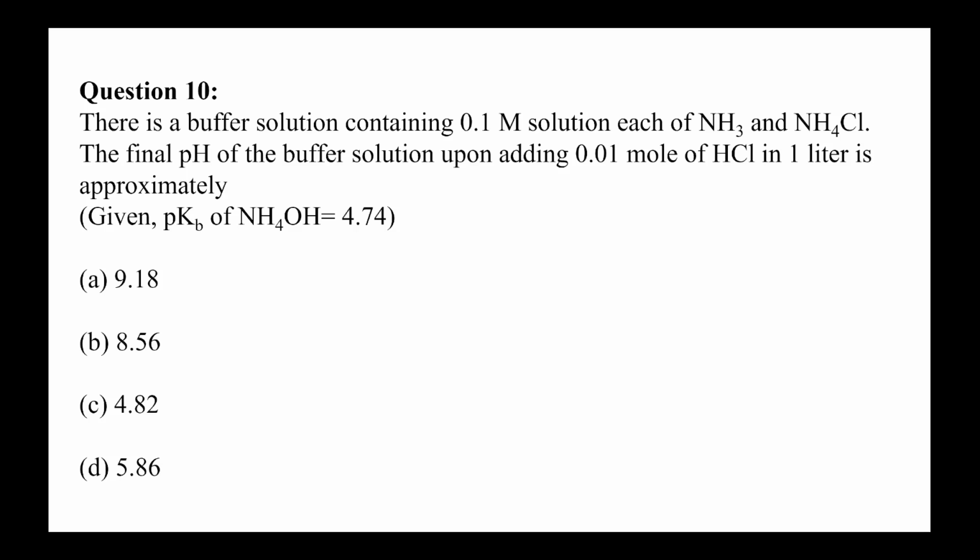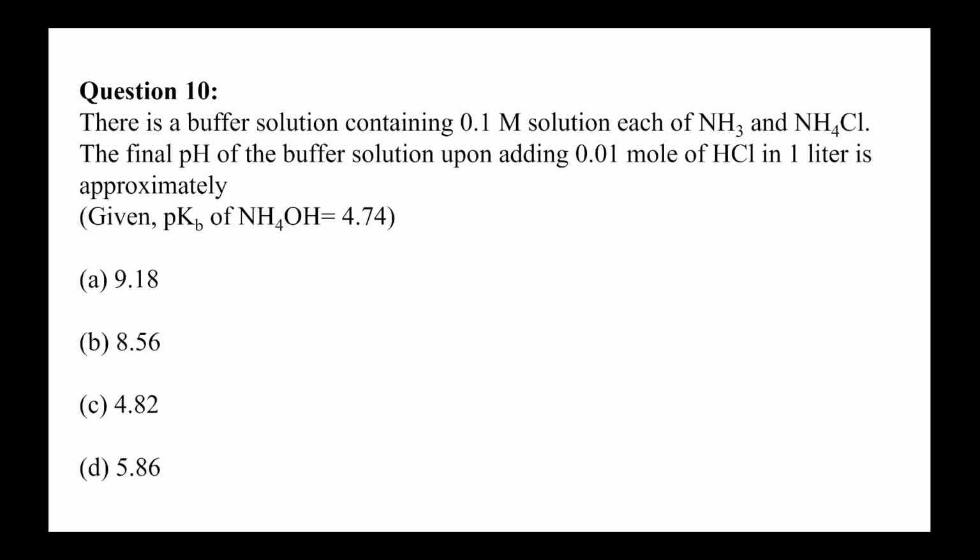And we need the final pH upon adding 0.01 moles of HCl in 1 liter solution. We have a volume given in the question, the moles of HCl that is added, and the concentration of both ammonia and ammonium chloride.